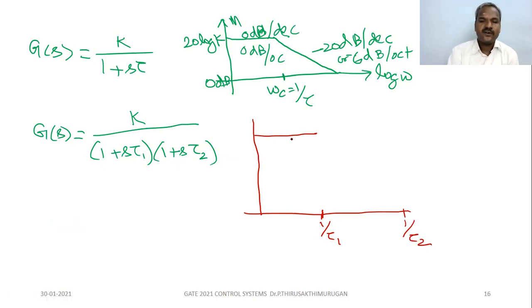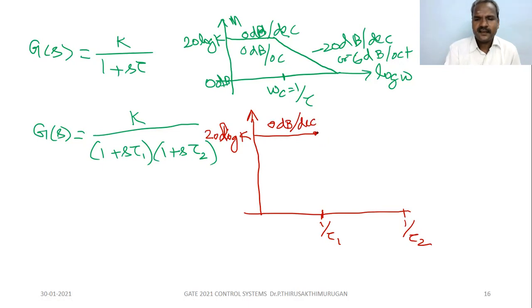Understand? So initially the magnitude value is 20 log k, with 0 dB per decade slope.